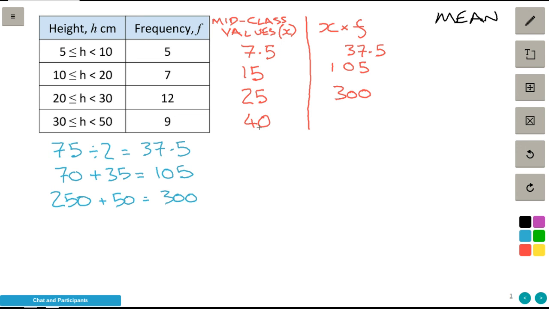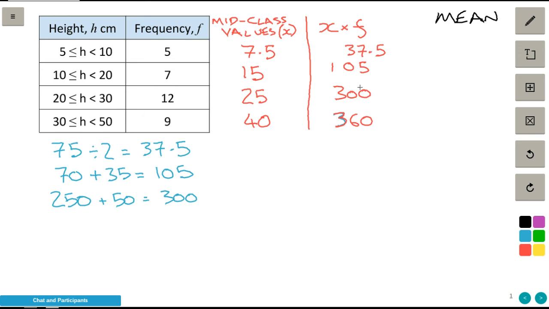Well, 10 multiplied by 40 is 400, and take off one lot of 40 leaves us with 360.